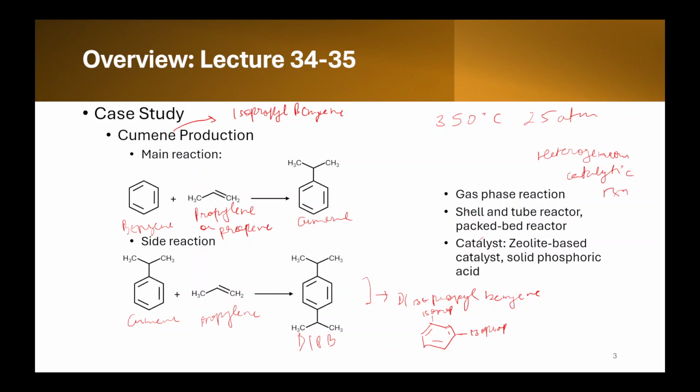It can happen either in a shell and tube reactor or a packed bed reactor, or you can also write this as a tubular reactor. The reactants are sent through the tube side, and in these tubes the catalyst is packed. The catalyst can be a zeolite-based catalyst or solid phosphoric acid.